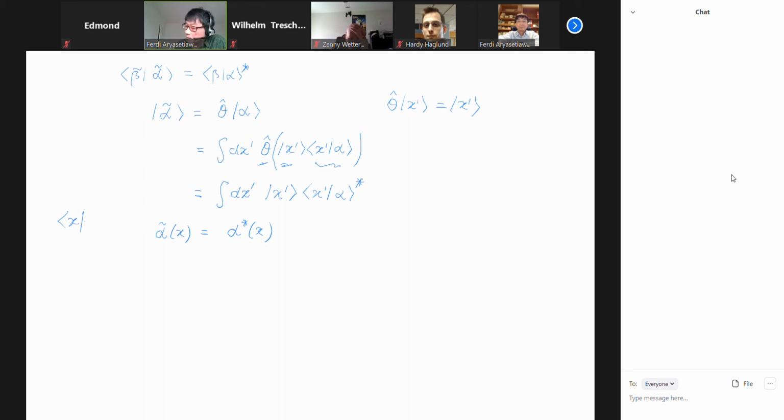So if we look at this overlap between the two vectors alpha tilde and beta tilde, by definition that is equal to x alpha tilde star x beta tilde x.